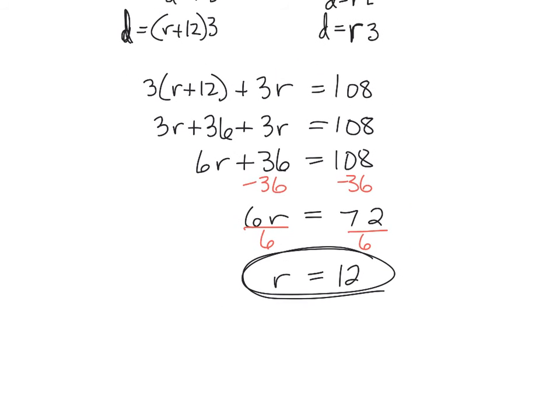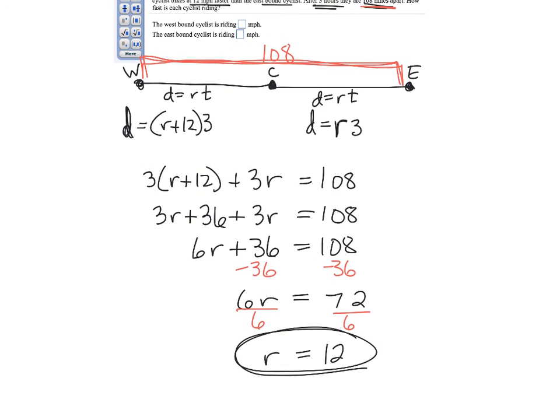Yay! But what is r? r is the eastbound speed. So east is 12 miles per hour. And then the westbound speed is going to be 24 because he travels 12 miles an hour faster.